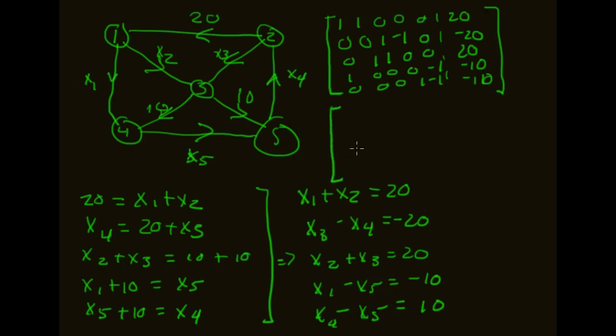The resulting matrix is actually 1, 0, 0, 0, negative 1, negative 10, 0, 1, 0, 0, 1, 30, 0, 0, 1, 0, negative 1, negative 10, 0, 0, 0, 1, negative 1, 10, and then a row of zeros.